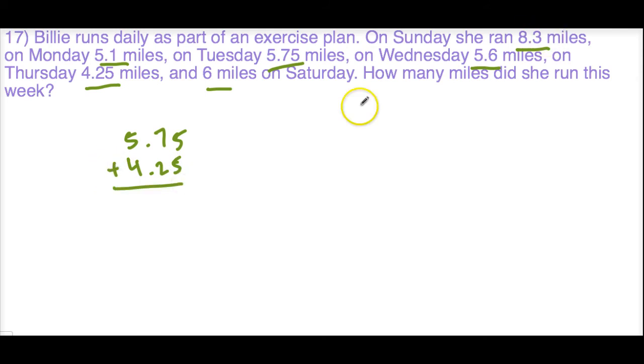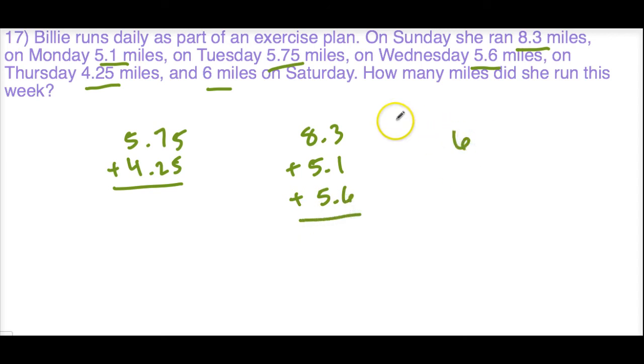I'm then going to take my 8.3, 8 and 3 tenths, plus 5 and 1 tenth, plus 5 and 6 tenths, and add those up, and then I'm going to have my leftover 6 miles here. So I've got 1, 2, 3, 4, 5, 6 of them, so I'm good to go here. Bring my decimal down.